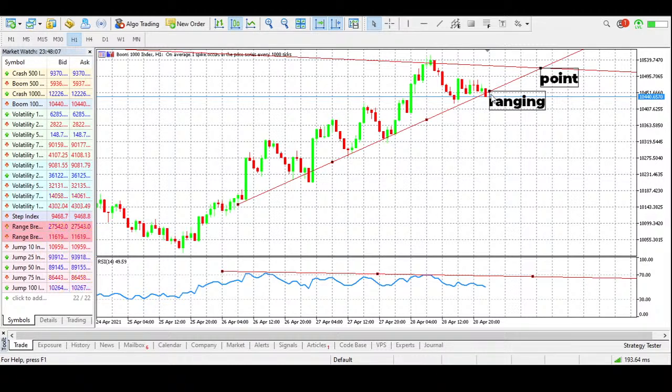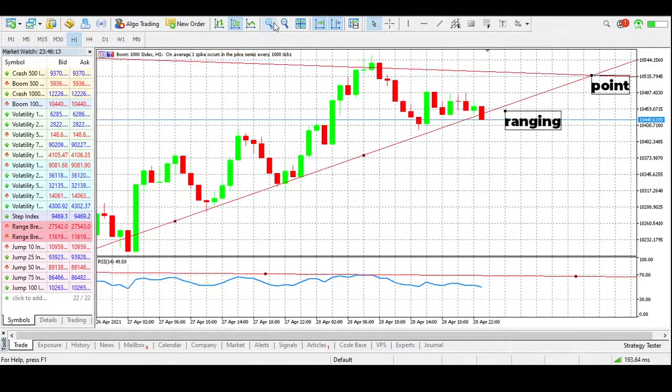Now this is H1. We have to wait for about 2 more hours to confirm a break. This current candle is still hanging on our line. So we need a new candle to form below this line, and then the next candle to open below this line.